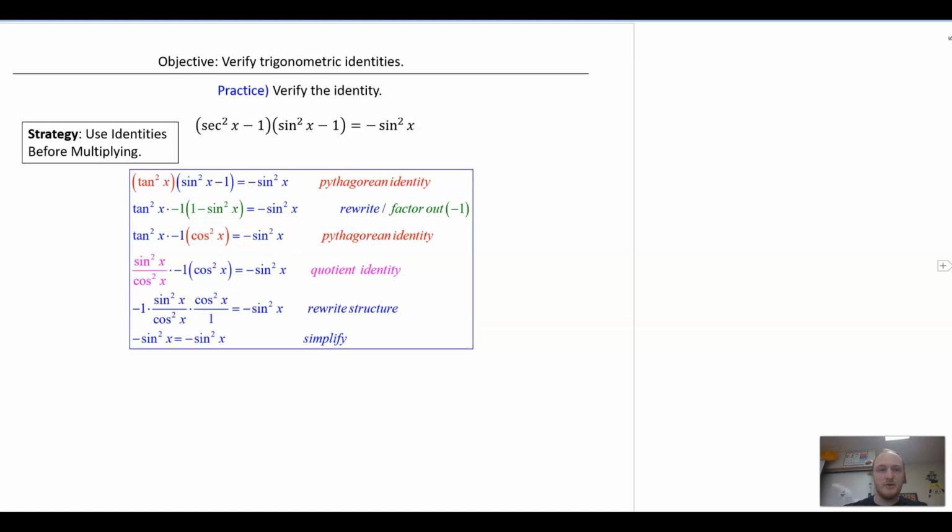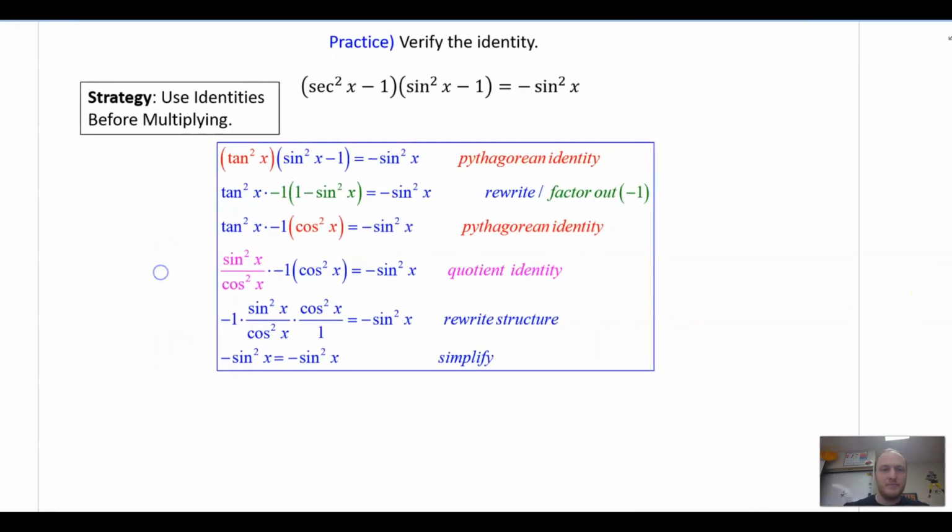If you do that, you get cosine squared with the negative, and here we switched out secant squared x minus 1 for tan squared x. Again, this is coming from the Pythagorean identity, that tan squared x plus 1 is secant squared x. We just manipulated it, subtracting 1 on each side.